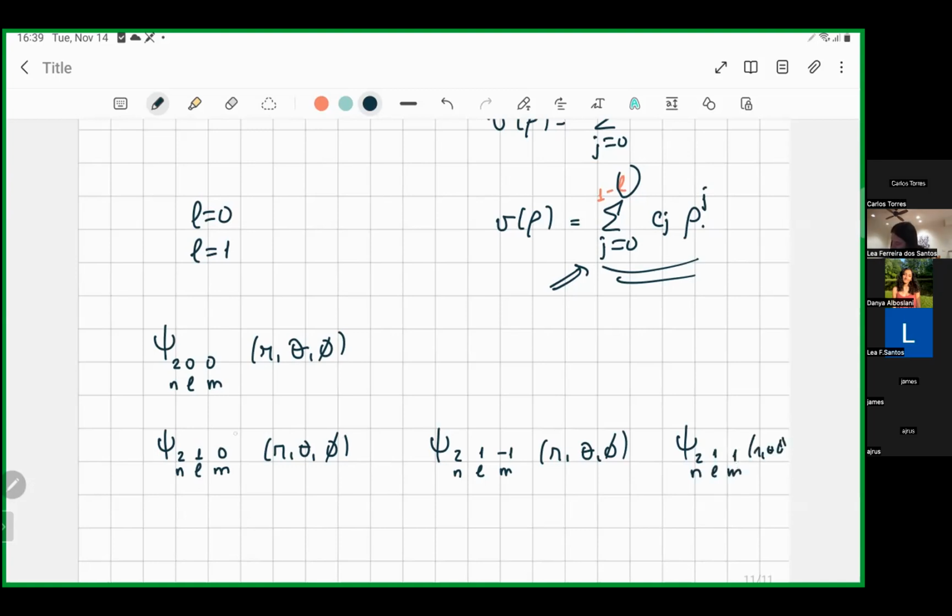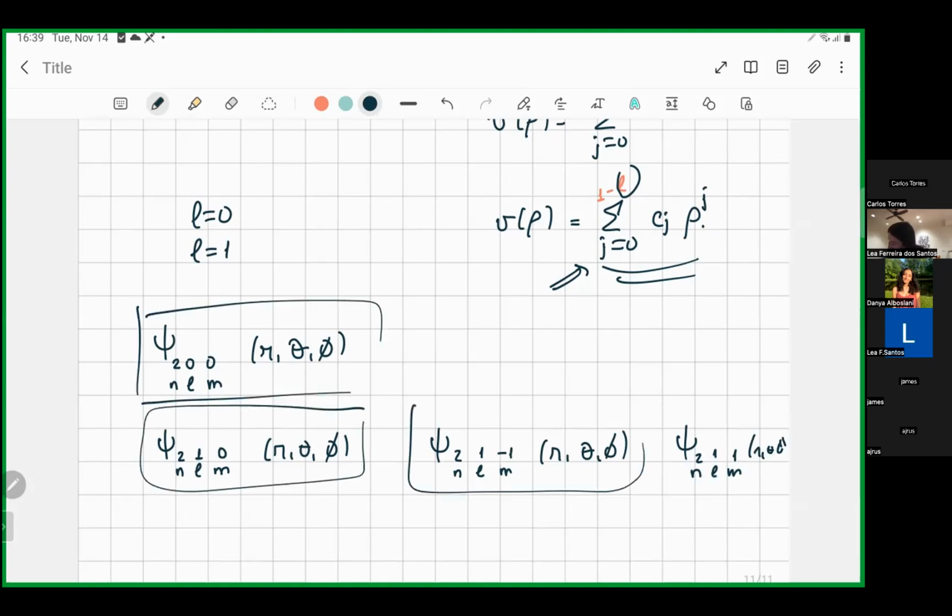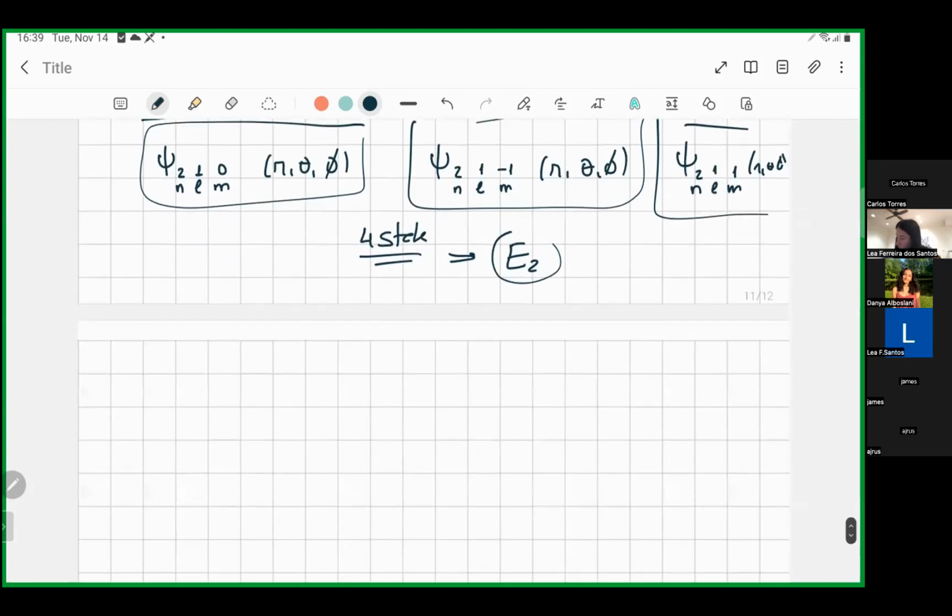Okay, so that means we have 1, 2, 3, 4 possible states, all with the same energy, E2. So there are 4 states with the same energy, so we have 4 degenerate states.